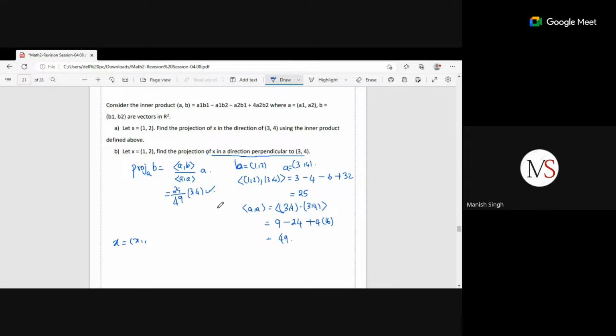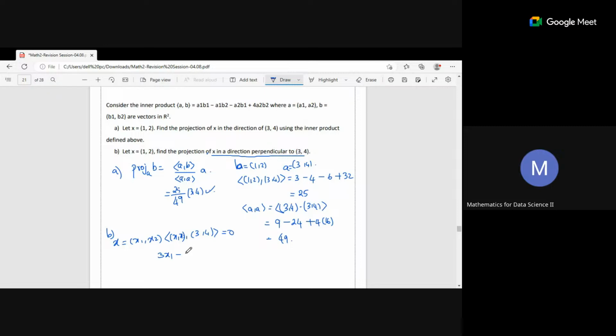Just check. Let us wait for the B section to complete. Maybe that was the normal. If it's 25, then it will be like normal. Okay. So here you are given that it is perpendicular with respect to this inner product. So with respect to this, it is 0. What equation are you getting? First of all, we need to find that.